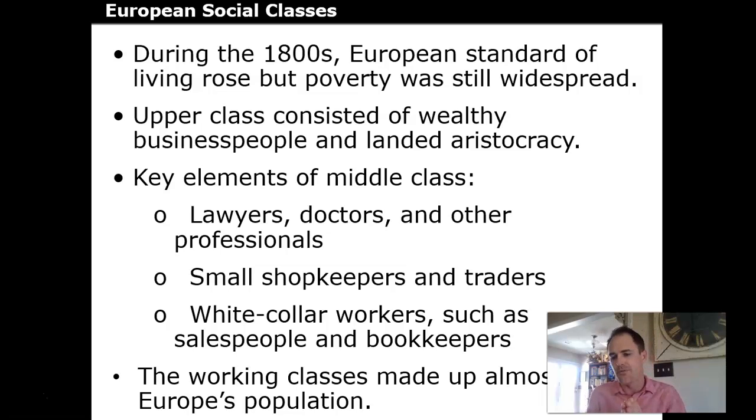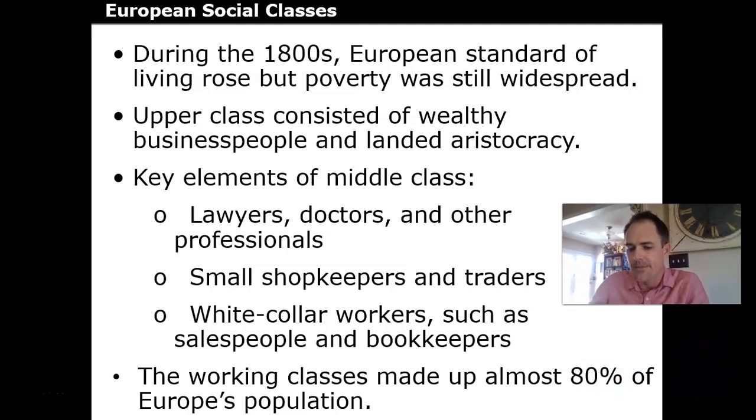So this growth of people working in these jobs just blows up in the second industrial revolution. Though the working classes still make up about 80% of the population. So we're talking about the workers in the factories, workers in the mines that are producing the goods.